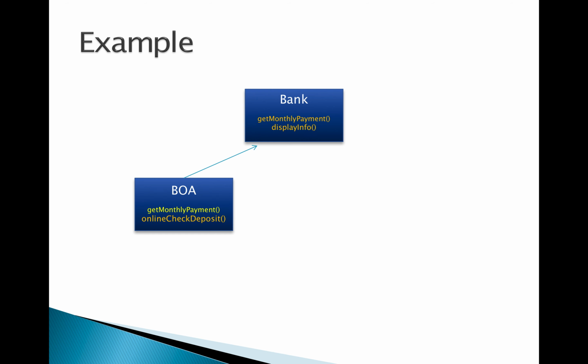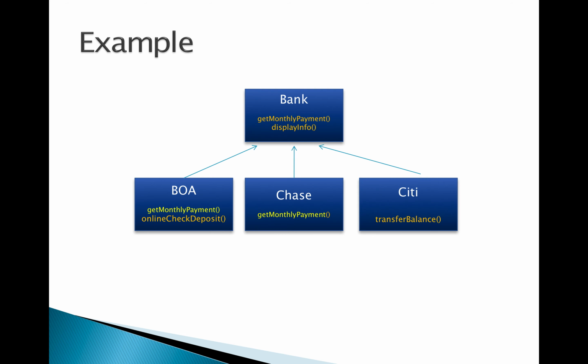Now there are banks which extend from Bank. One is Bank of America, BOA, and the others are Chase and Citi. If you see here, Bank of America has a getMonthlyPayment method, which overrides the Bank's getMonthlyPayment method, because it wants to give its own implementation rather than the bank's general implementation.